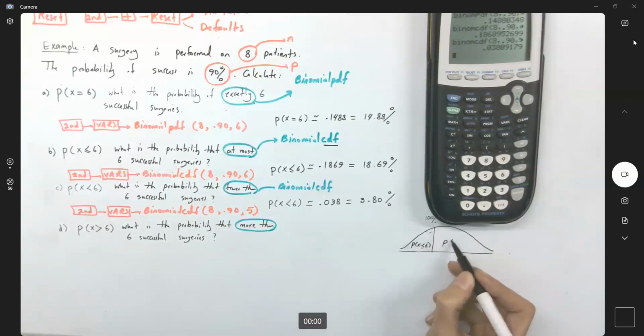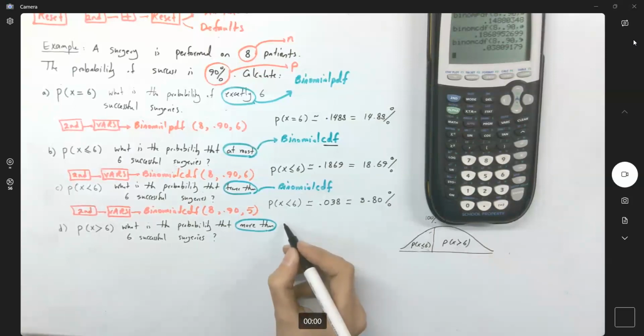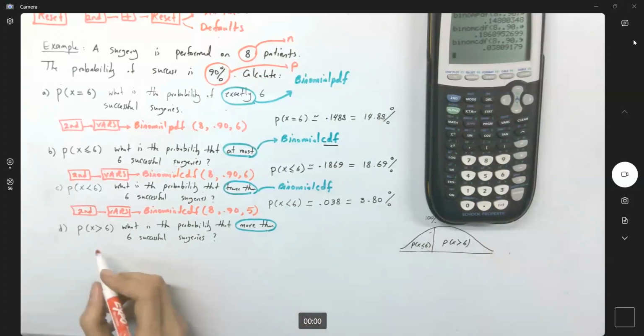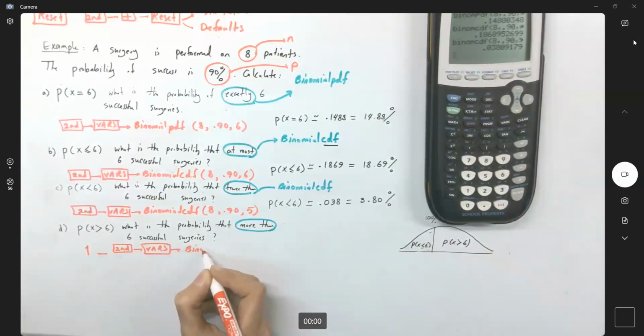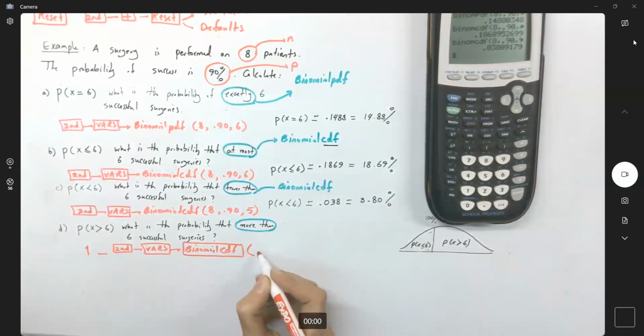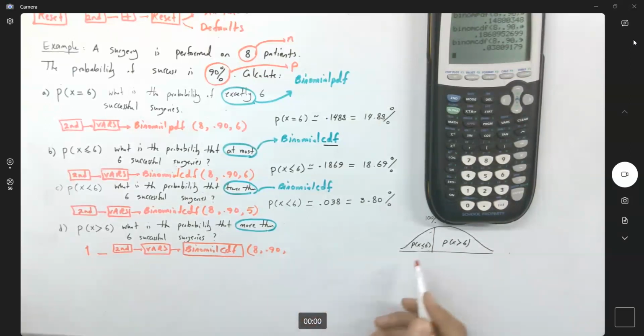It gives me the probability that x is larger than 6. So 1 minus, I'm going to write it down here, 1 minus. Then I'm going to go to second vars. I'm going to find binomial CDF. And I'm going to enter n, probability of success. Guys, remember that I'm just subtracting whatever is on the left-hand side. 6.